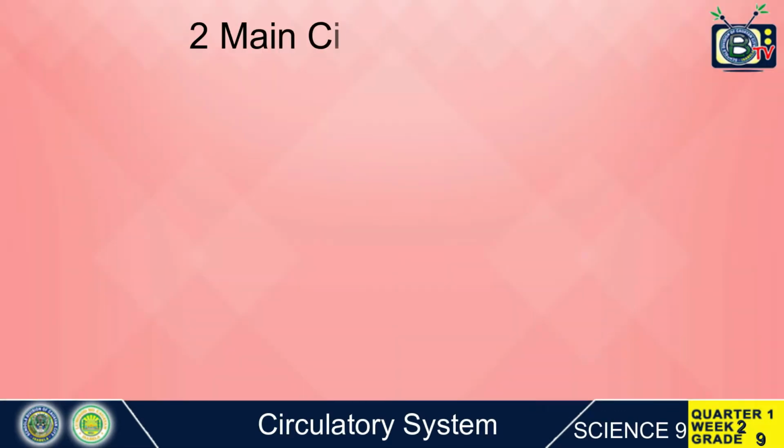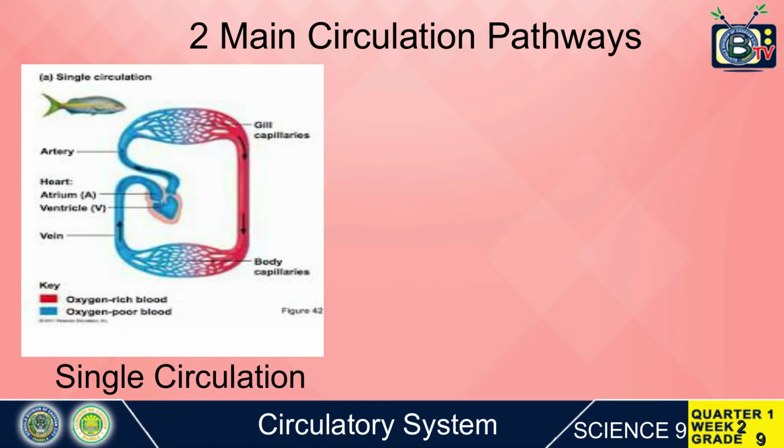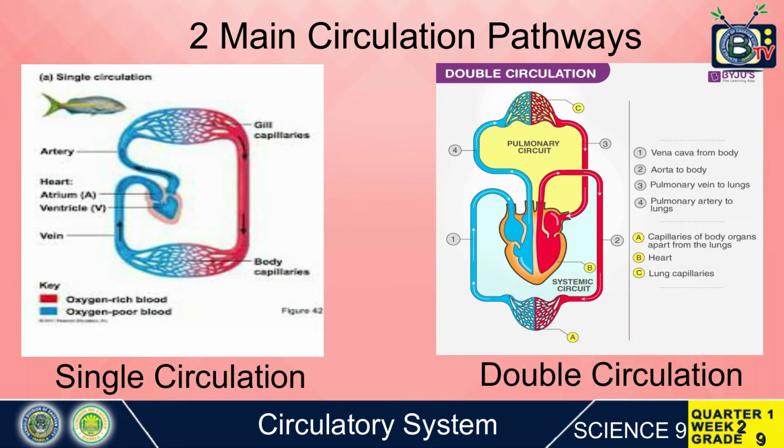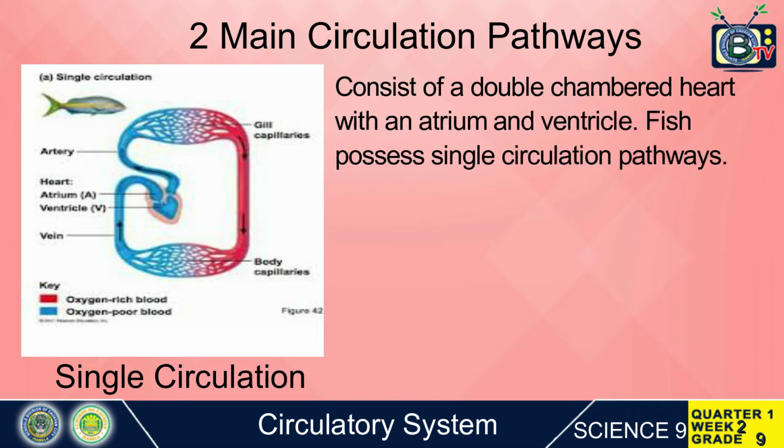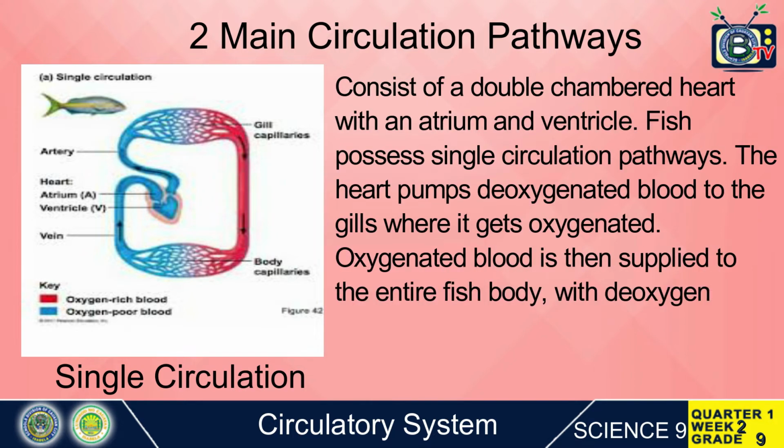The two main circulation pathways in vertebrates are the single and double circulation pathways. Single circulatory pathways, as shown in the diagram, consist of a double-chambered heart with an atrium and ventricle. The heart structure will be described in detail.